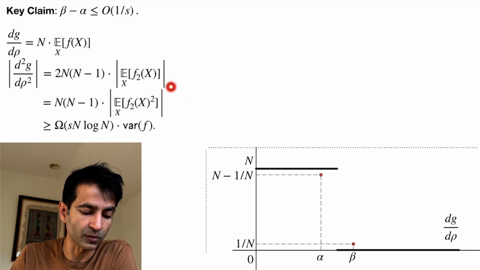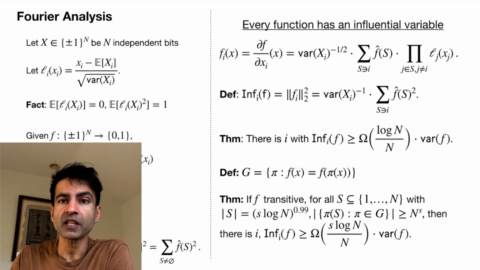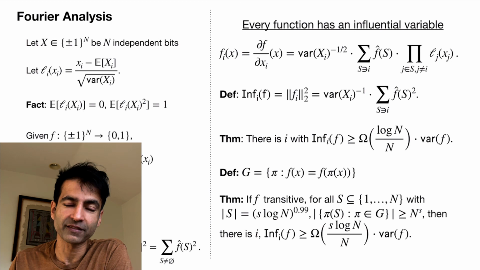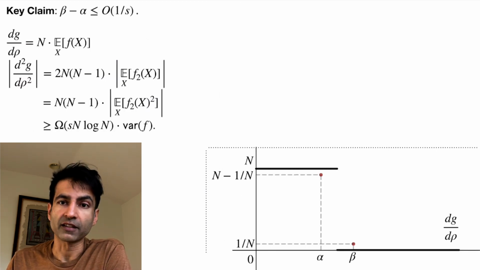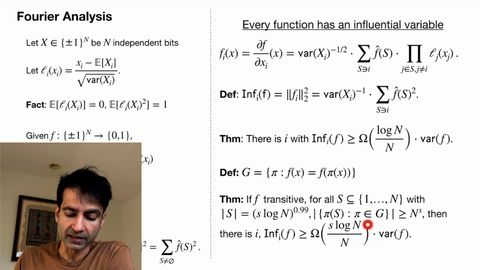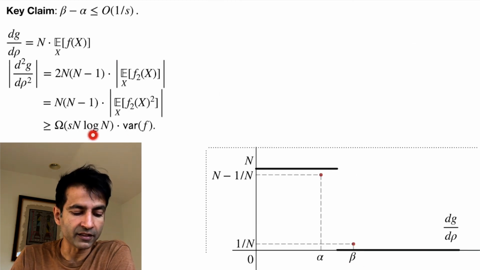The second influence of f is what's written here, which by this theorem must be large because f is transitive, and so all of its influences are equal, and so this influence in particular must be at least s log n over n times the variance. Plugging that in here, we're left with this expression.